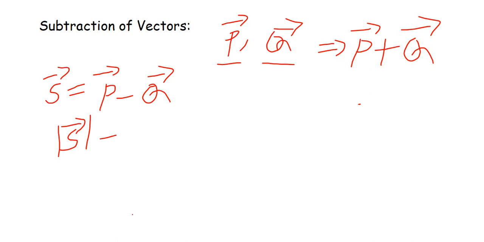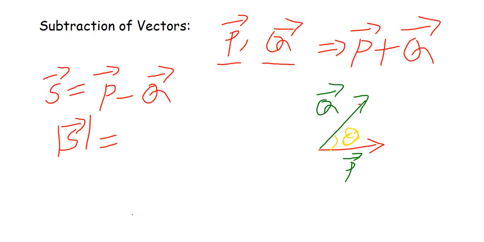Suppose that p bar is a vector like this, and q bar is a vector like this. Here the angle between p bar and q bar is theta.